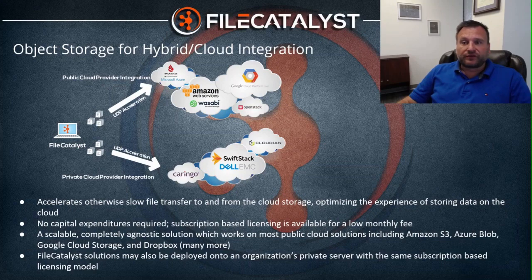We have a number of object storage connectors that we've built, including connectors to Amazon Web Services S3, Wasabi, Backblaze, Microsoft Azure, Google Storage, and Dropbox. We also provide some private cloud provider integrations if you're using private cloud storage solutions like SwiftStack, Dell, Caringo, and Cloudian.